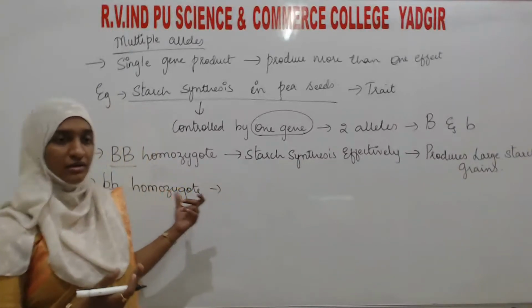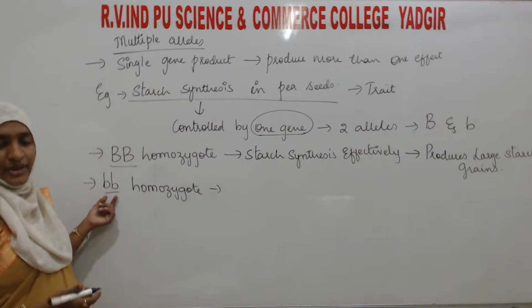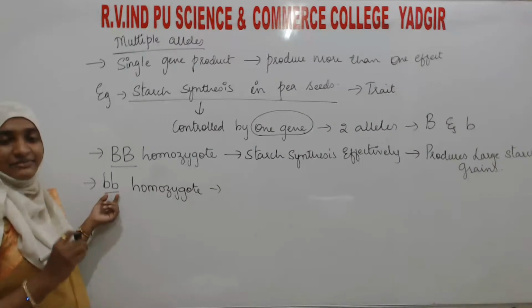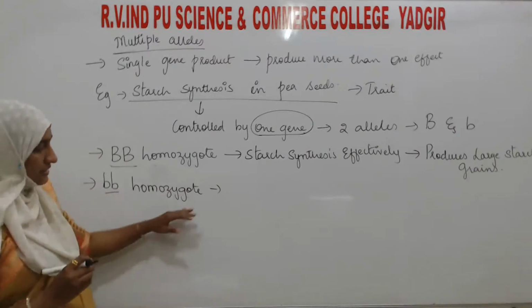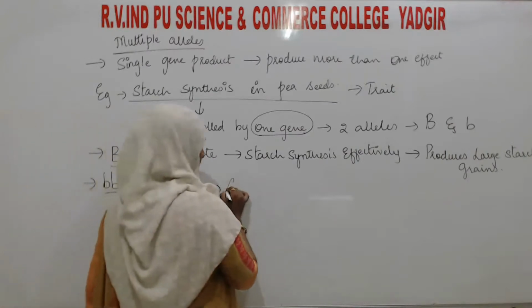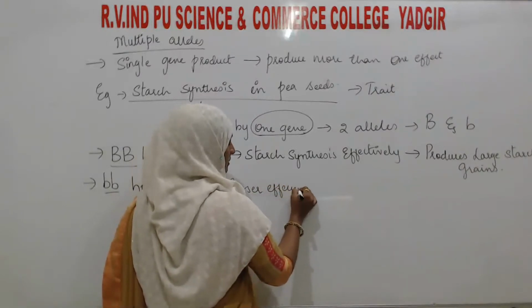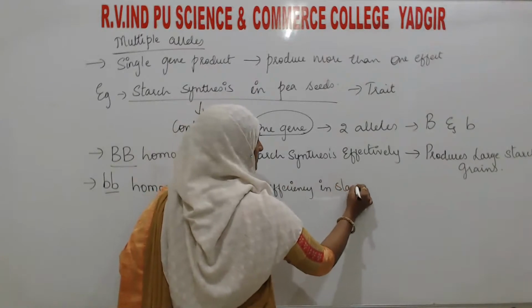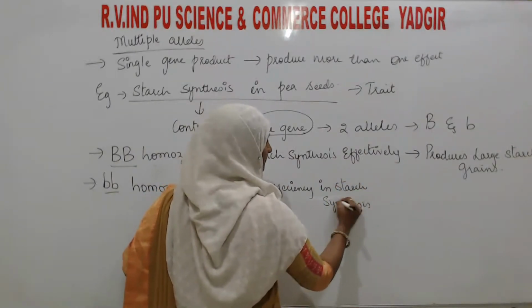Here, where they both are recessive, as we represent with small letters, there is lesser efficiency in starch synthesis.